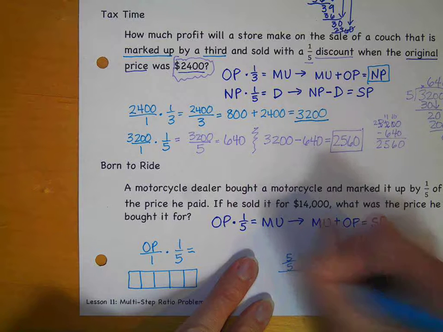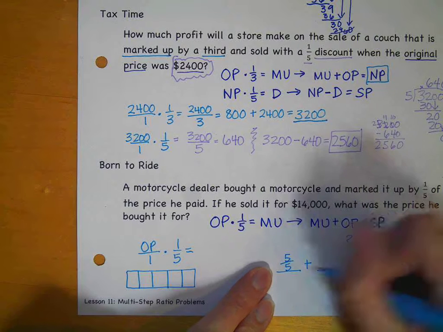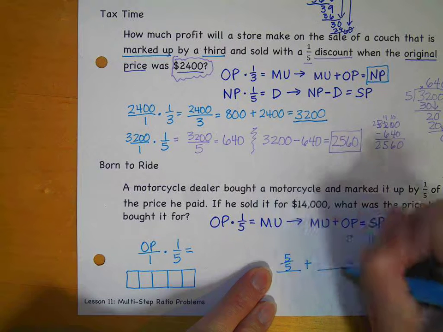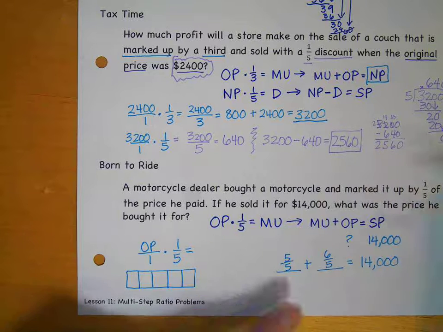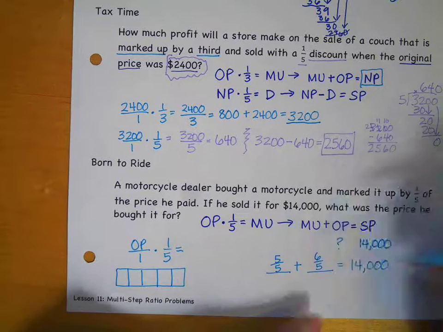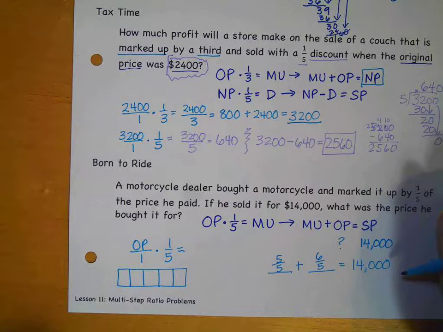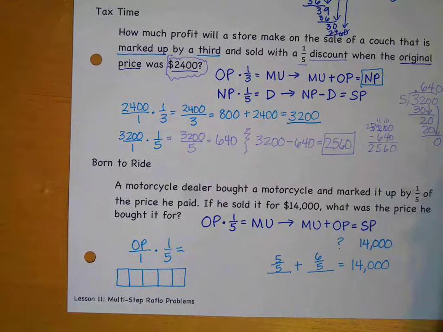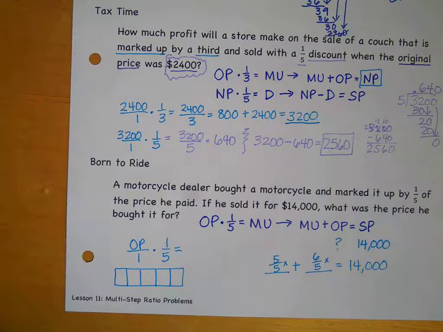So the original is 5/5, and the markup is 5/5 plus 1/5, which is really 6/5. But we don't know what the amount is, so we need a variable.